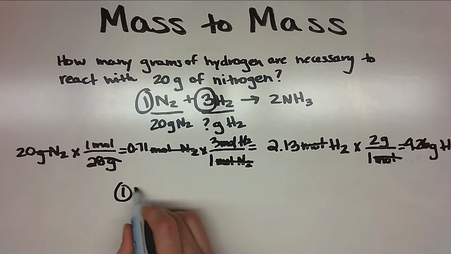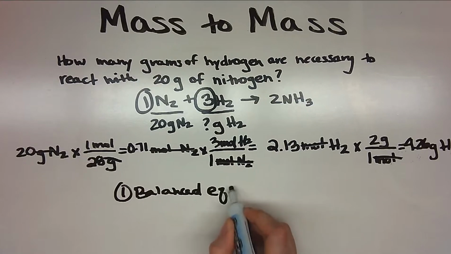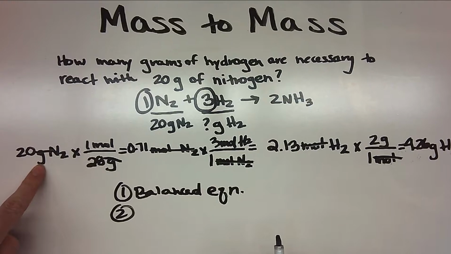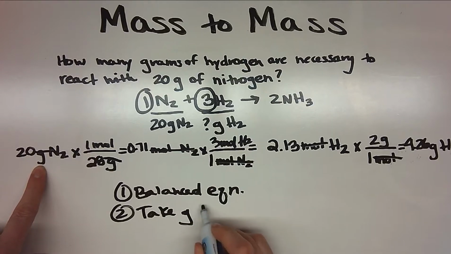So follow the steps. First, we need a balanced equation. Then, take your grams, what you're starting with, and go to mole.